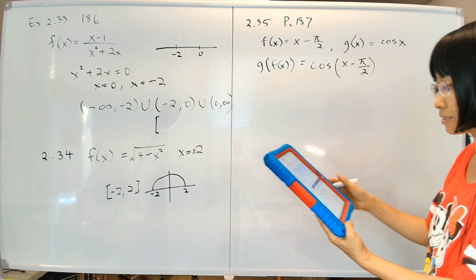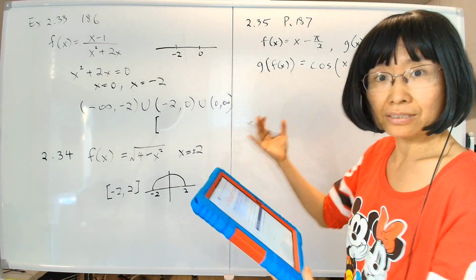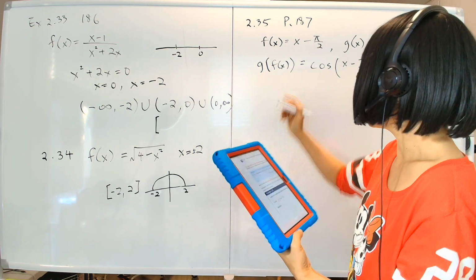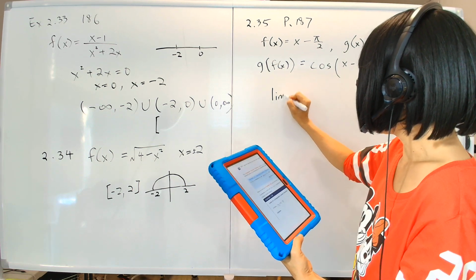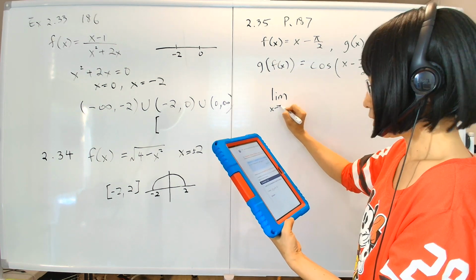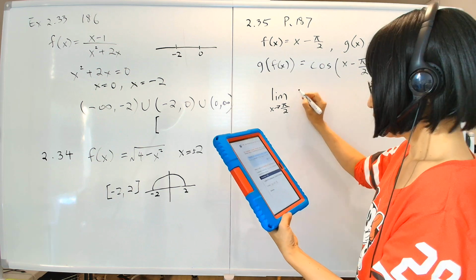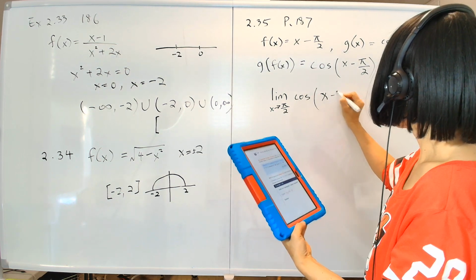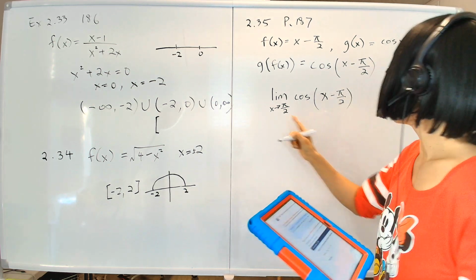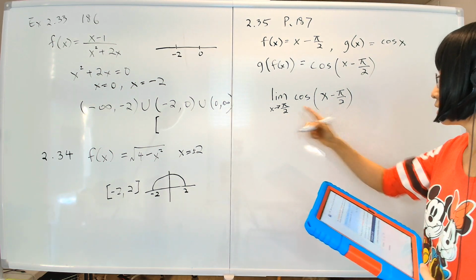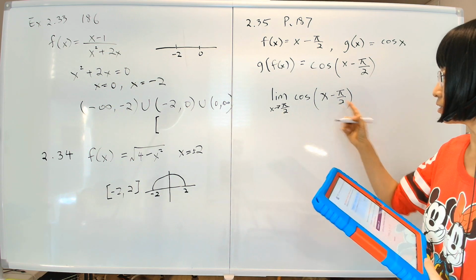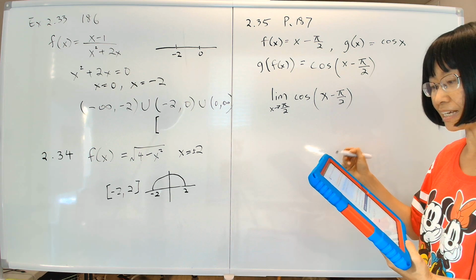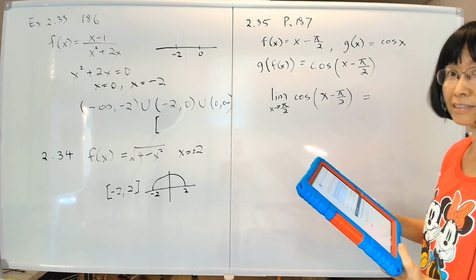So when that happens, if you need to calculate a limit, such as in this example, where they want you to calculate the limit as x goes to pi over 2 of cosine of this stuff, you can just calculate the limit inside first, and then calculate the result in cosine and come up with some answer as you would imagine.